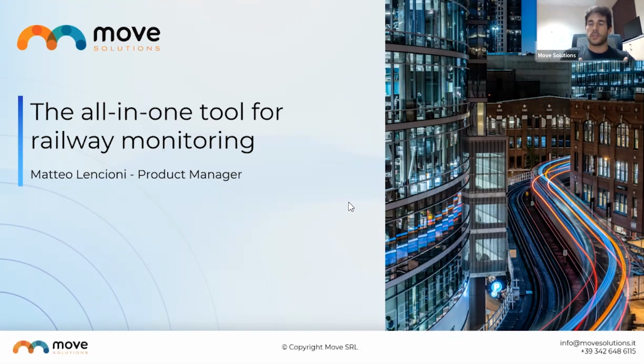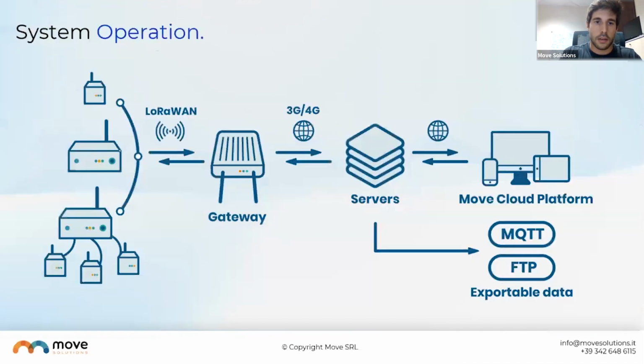Going back to today's topic, railway monitoring, let me talk very quickly about the system operation first, because it helps in understanding what I'm going to talk about later. How does the sensor work? On the left-hand side of the picture, there are the sensors. The sensors are wireless.